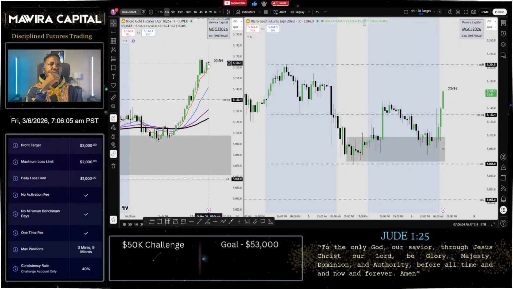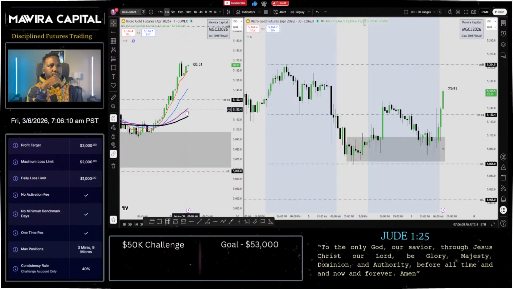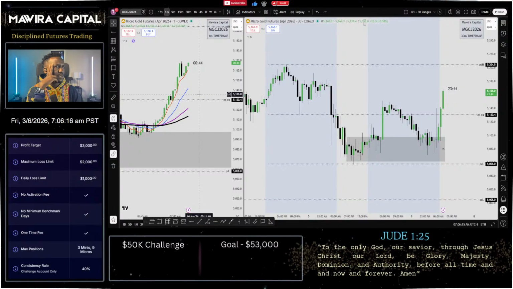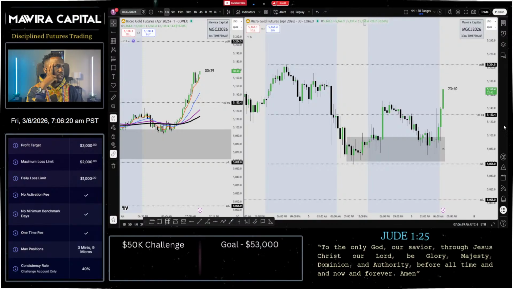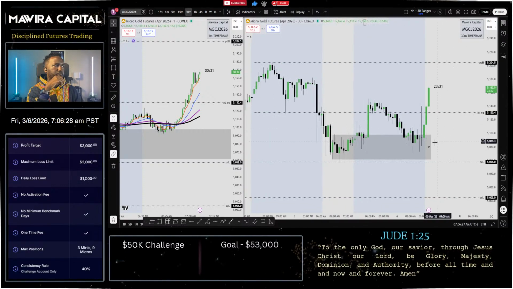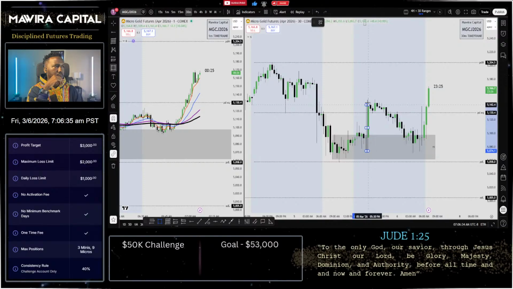So on gold, if I do see a retracement back to the 50, and then a break of a trend line or whatever shows me some momentum on the 1 minute, I will take a long. So I'd like to see a retracement, and then we'll see if we can get to those previous day highs. That's the game plan for gold. This is a huge zone here too.